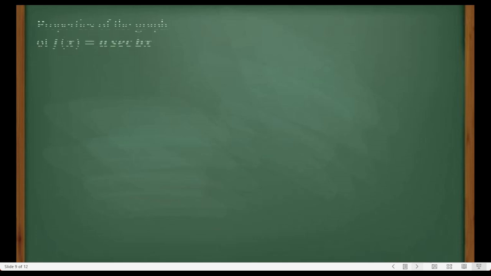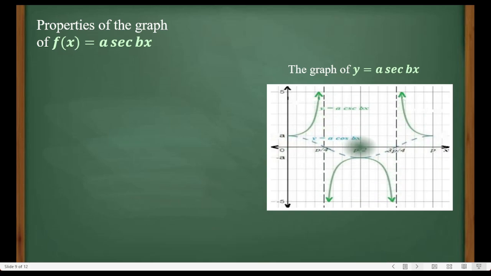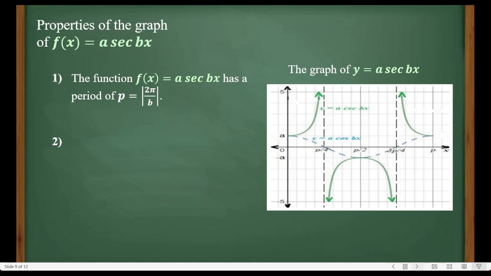Now, for the properties of the graph of f of x is equal to a secant of bx, we are now considering coefficients that are not just 1 but any other values. So this is the graph, and the properties are: the first one, the period of such a function is given by the formula p is equal to the absolute value of 2 pi over b.